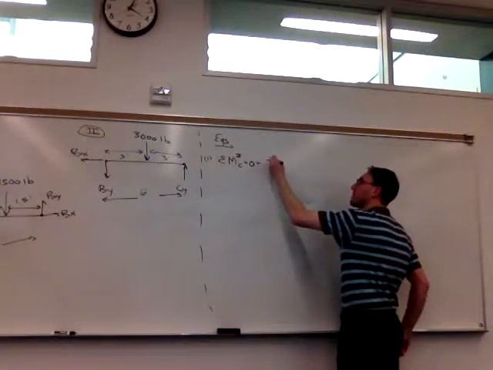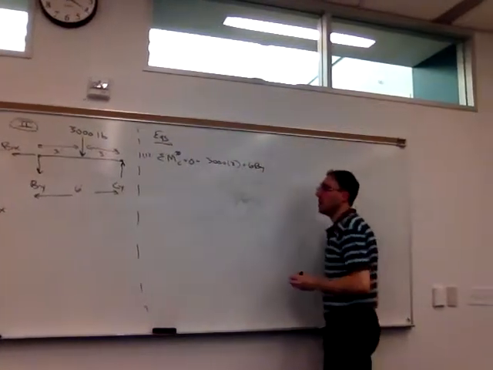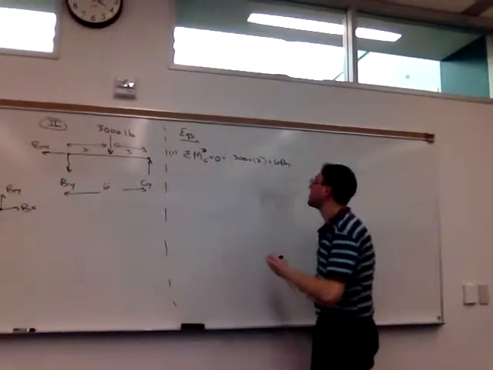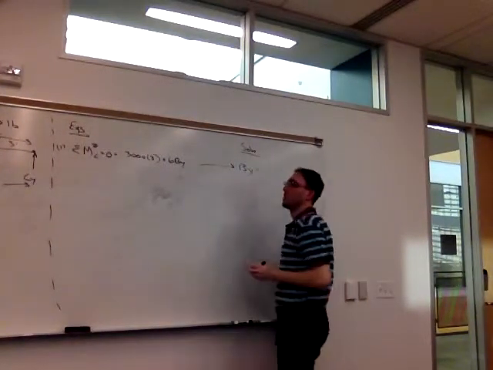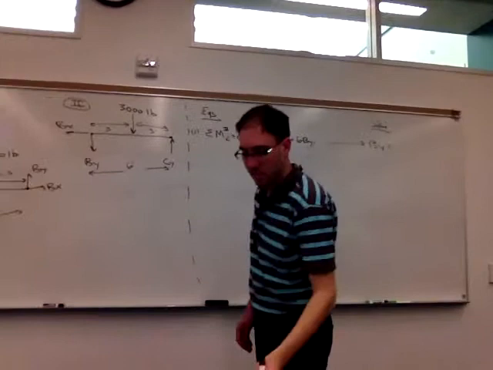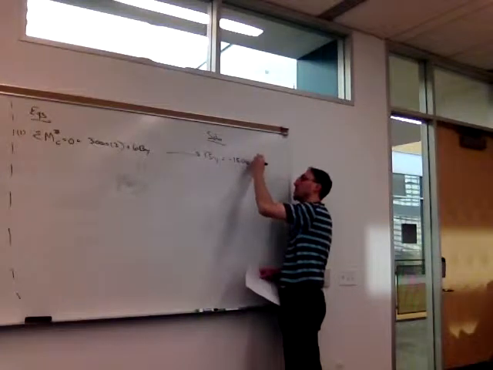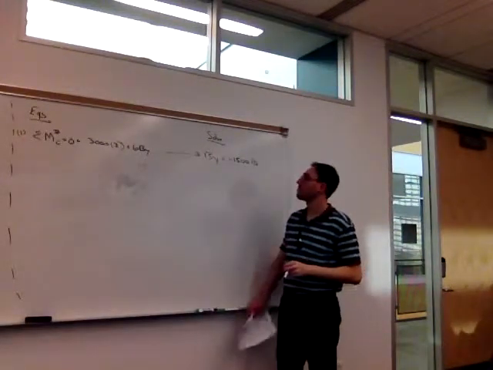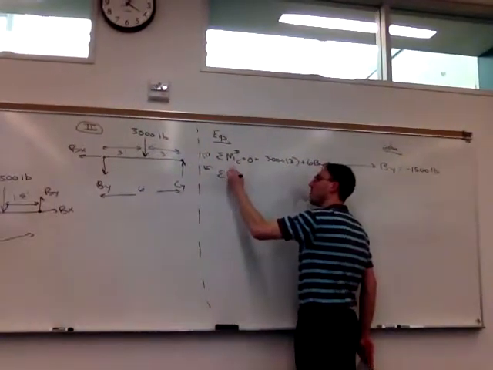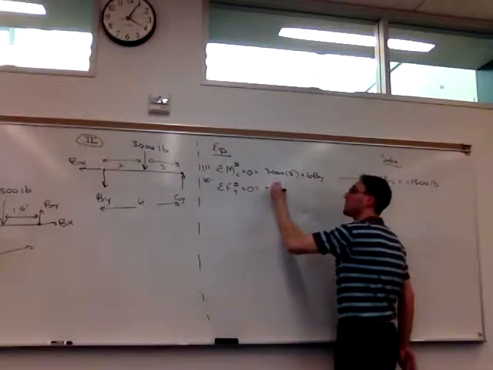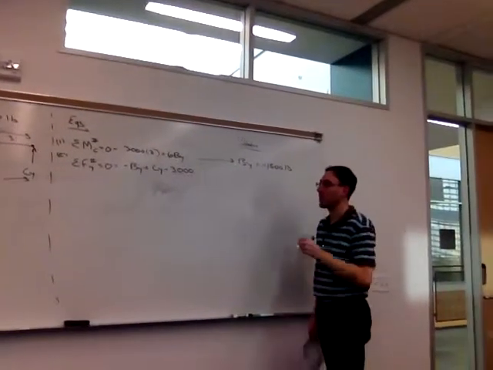I'm going to have the 3,000 times 3, plus 6BY. For BY, I'm going to get negative 1,500 pounds. Then the forces in the y in 2, I'll get minus BY plus the CY minus the equivalent force from the distributed load, 3,000.